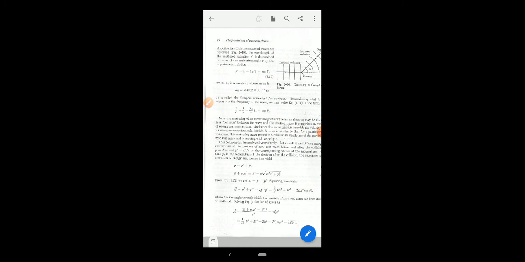And then we can further solve it to get PE square equals E plus MEC square minus E prime whole bracket square upon C square minus ME square C square from the relation of the energy conservation.